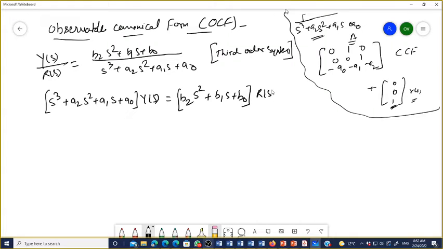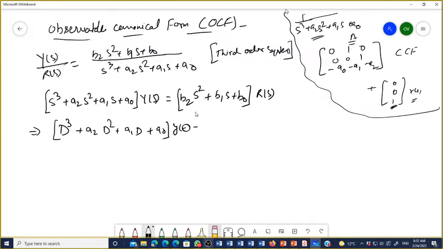What does this s represent? S represents the Laplace derivative operator. s cube represents the differential form of y. Can we write d cube y, or rather d cube plus a2 d square plus a1 d plus a naught, into y(t)?